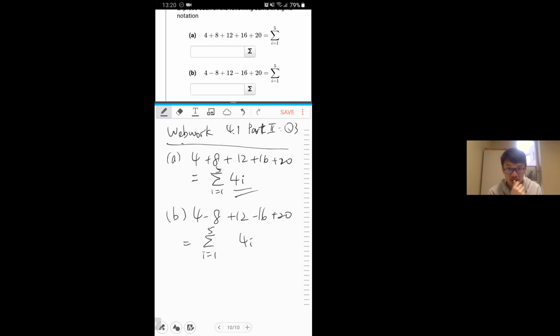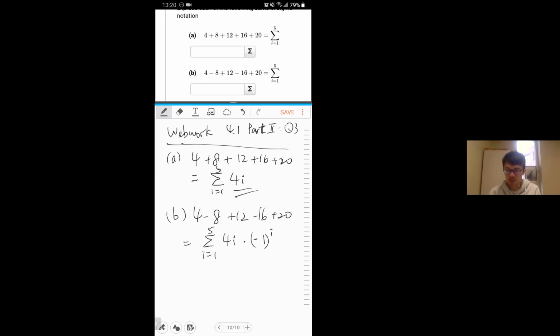That's the same as part A. And I want to be able to adjust the plus or minus, so I need to multiply by negative 1 to the something. So let's see what happens if I put in my I here.